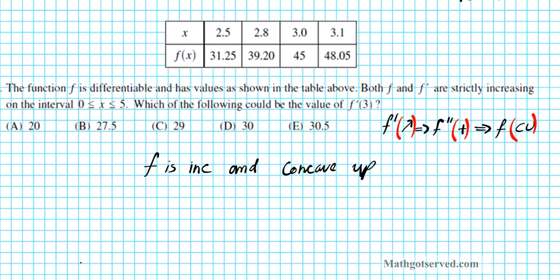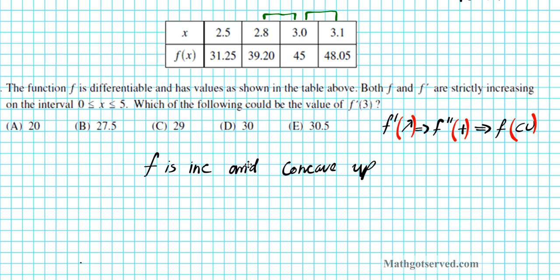So we're going to look at the average rate of change from 2.8 to 3, and the average rate of change from 3 to 3.1, and the instantaneous rate of change will be bounded between both of them because the derivative is constantly increasing.